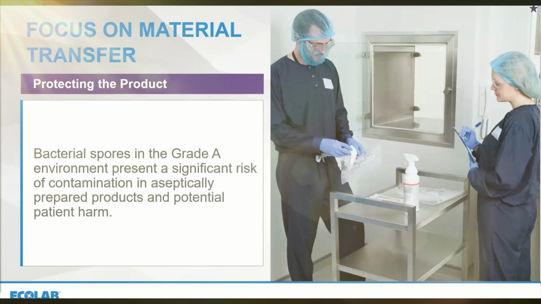So with material transfer, looking at the example on the slide, there's a transfer hatch, and then there's two people preparing to move something through. And because of the cascade of different clean room grades, we need to be reducing the bioburden. And then if we're using grade A, presenting the grade A with no, or theoretically no bioburden whatsoever.